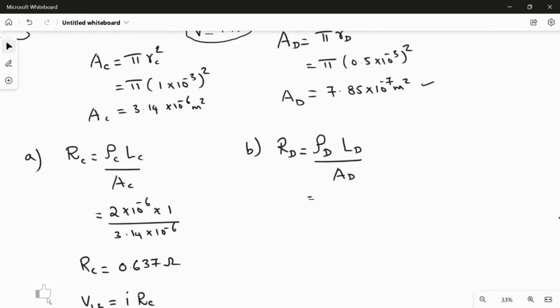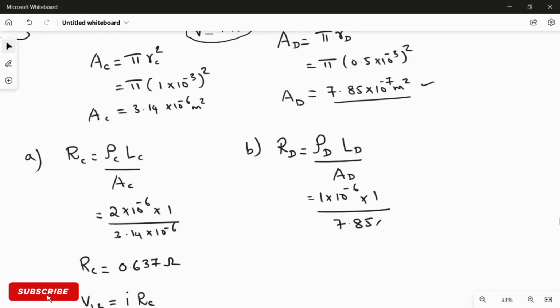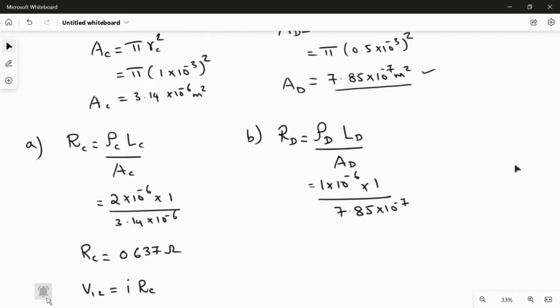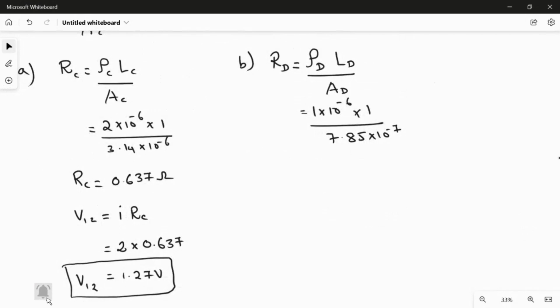So now I'm going to substitute the values here. The resistivity of the wire D is 1 multiply 10 power minus 6 ohm meter, multiply the length of the wire D is 1 meter, over the cross-section value we found just before as 7.85 multiply 10 power minus 7. So here I got the answer for the resistance of the wire D, R of D, equal to 1.27 ohm. So this is the answer for the resistance.